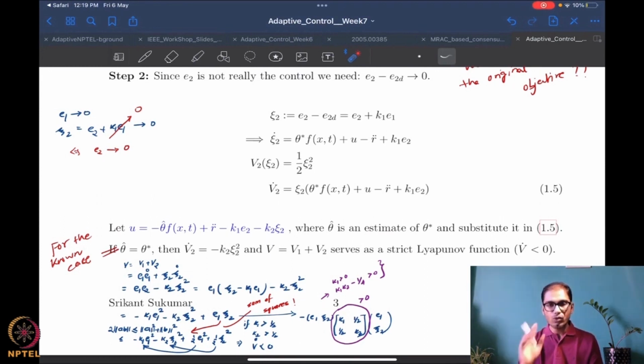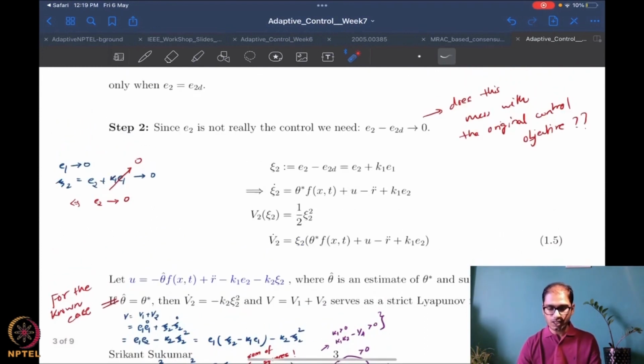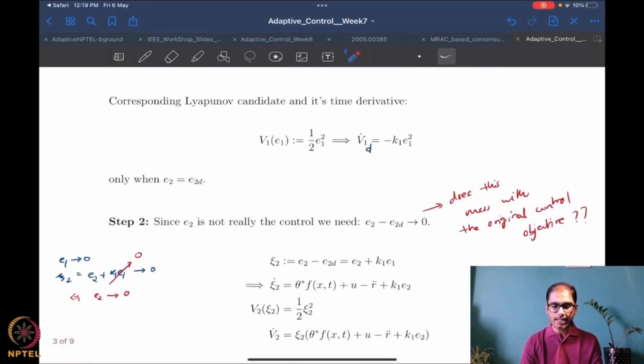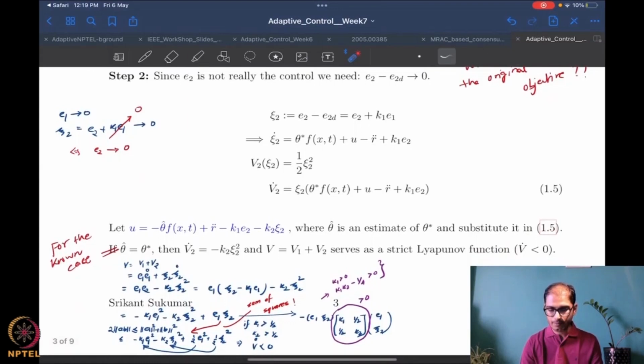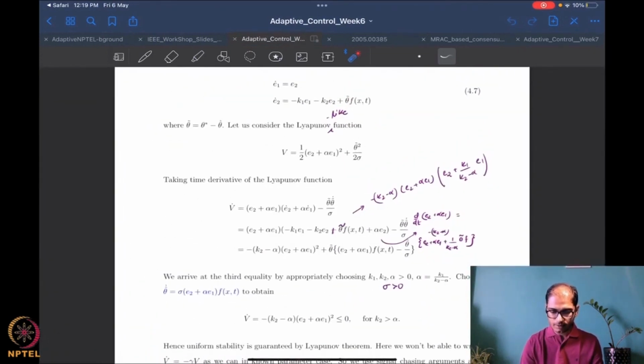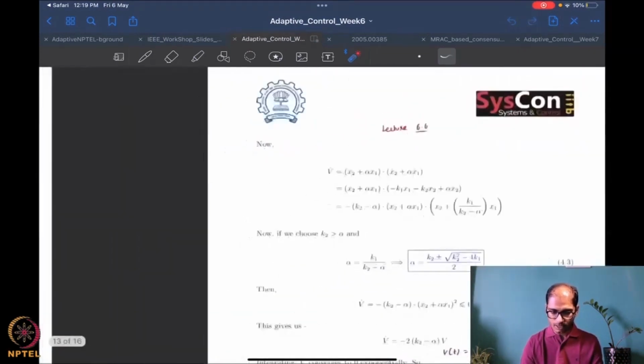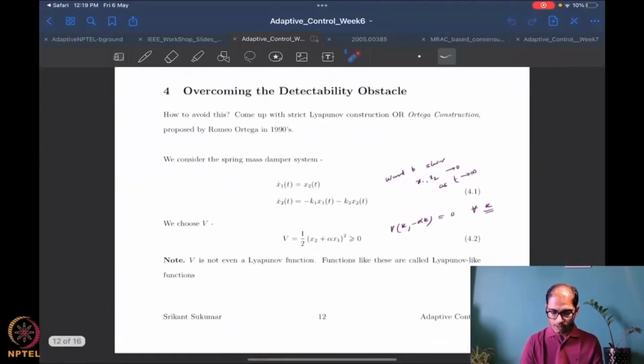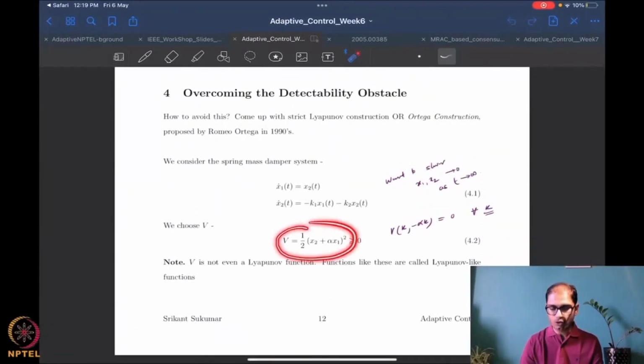Now notice already you should be able to see that the Lyapunov candidate was E1 squared plus psi 2 squared, where psi 2 is E2 plus K1 E1. Now this term is very similar to what you had in the Ortega construction. Again, not the adaptive problem, but the non-adaptive problem. It's like x2 plus alpha x1.